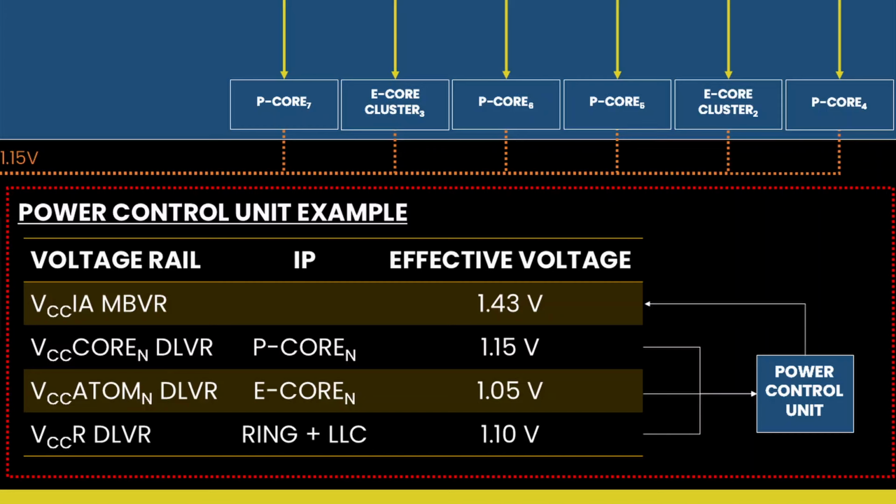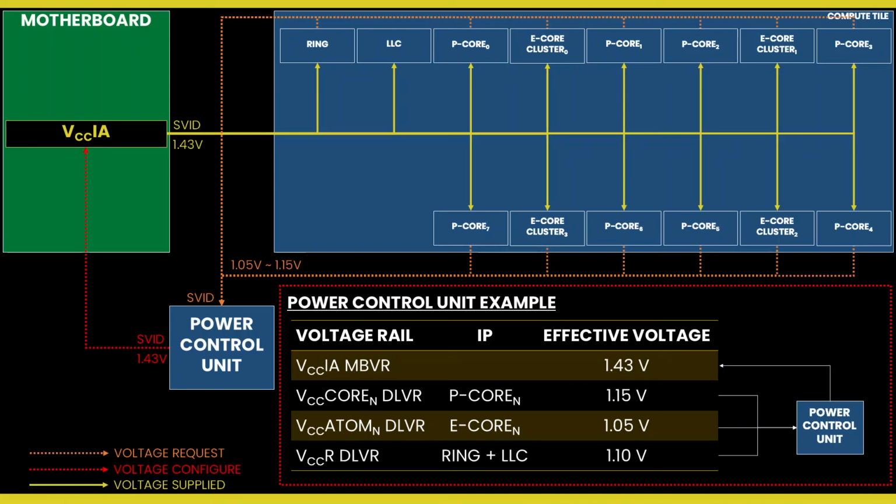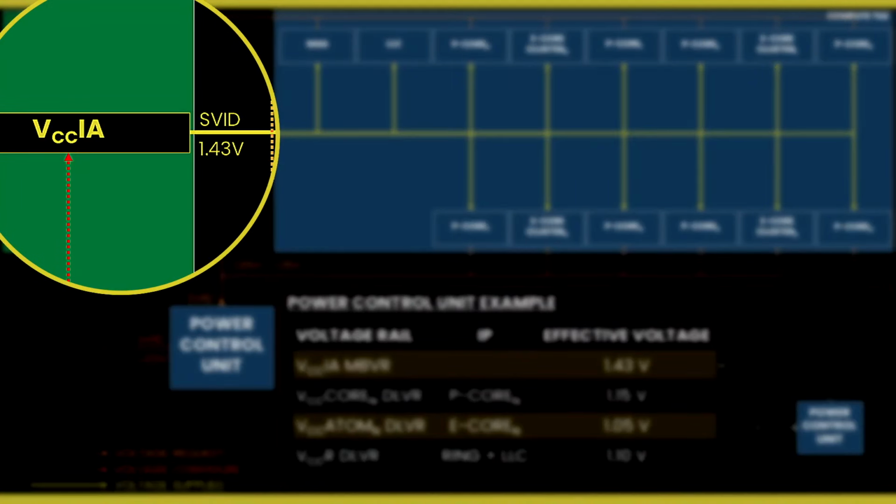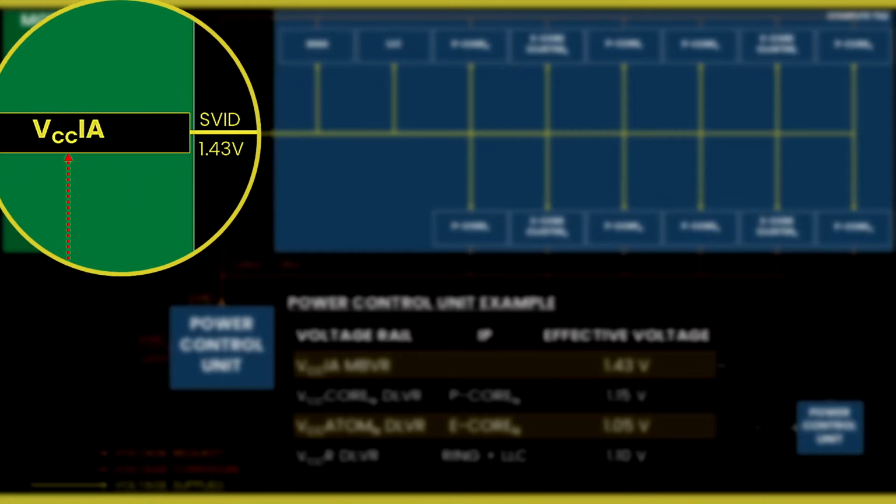At the very end of the calculation, the PCU determines that the VCC-IA voltage rail should provide 1.43 volt input voltage to the DLVRs. If we were to switch to power gate mode, but maintain the same mechanism for calculating the required voltage, then the VCC-IA voltage rail would effectively provide 1.43 volt to the P-cores, E-cores, and ring.